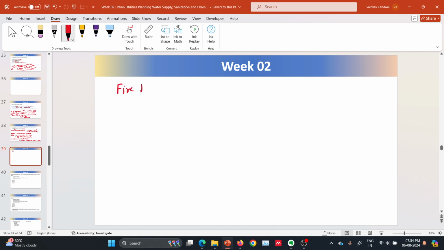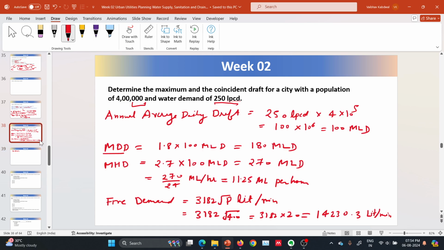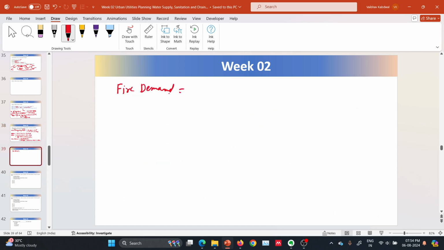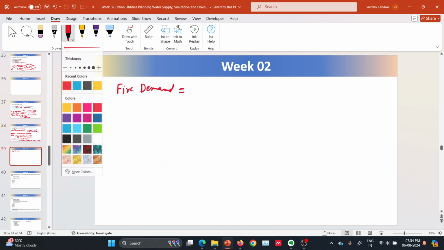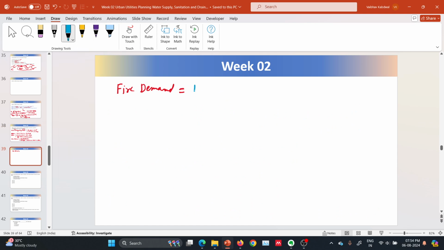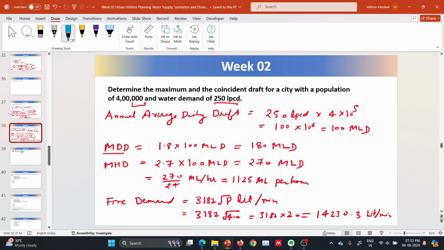Writing it as fire demand. So it will come out as 63640, and dividing it by 10 to the power 6 to convert it into millions, and the unit is liters per minute.